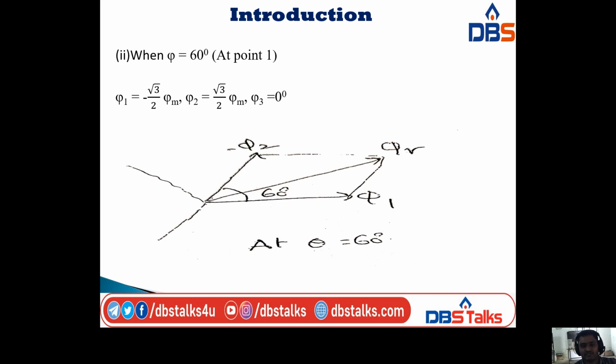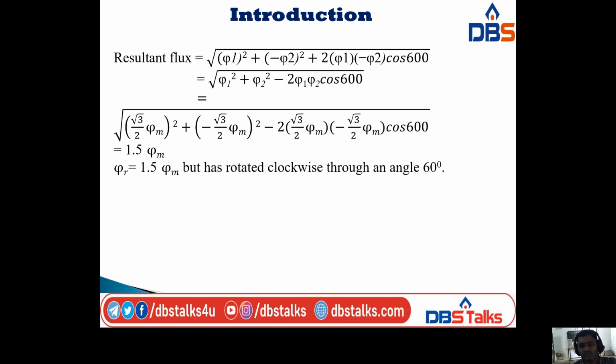Substitute these values into the resultant flux value, that is phi r is equal to root of phi 1 whole square plus minus phi 2 whole square plus 2 into phi 1 into minus phi 2 into cos 60 degrees. So that is equal to root of phi 1 square plus phi 2 square minus 2 phi 1 phi 2 cos 60 degrees.